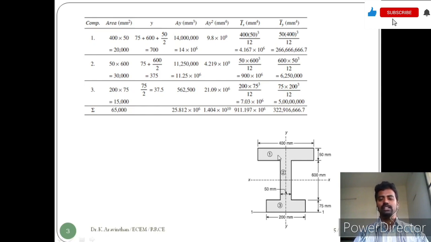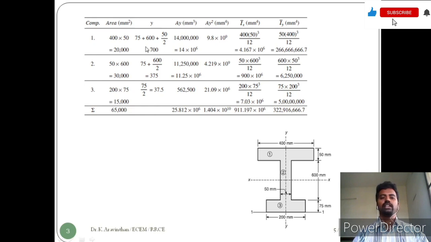And for the second section, which is having a depth of 600 mm, the centroid will act at 600 by 2 from the reference point, which is 75 plus 600 by 2. So you are getting 375. Finally the third section, which has a depth of 75 mm, and 75 by 2 will be 37.5.